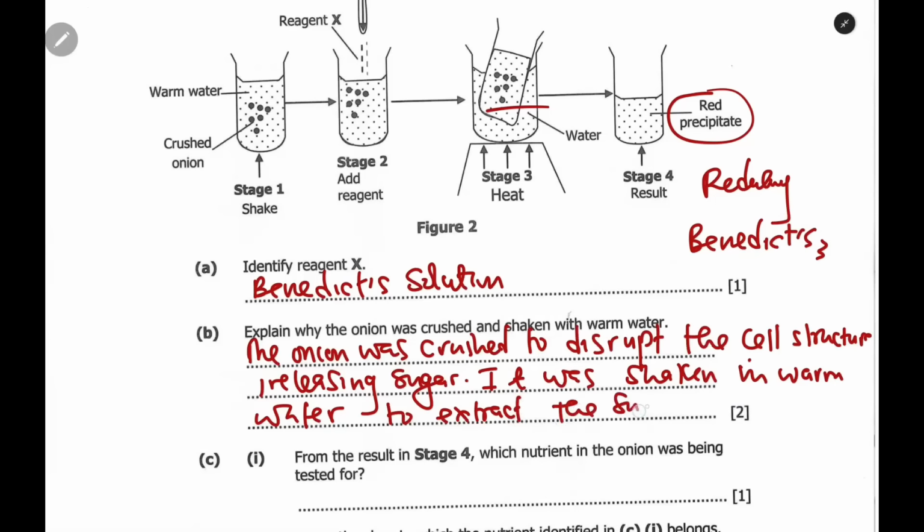Okay, so the onion was crushed to disrupt the cell structure, releasing sugar. It was shaken in the warm water to extract the sugar from onion, making them available for testing.